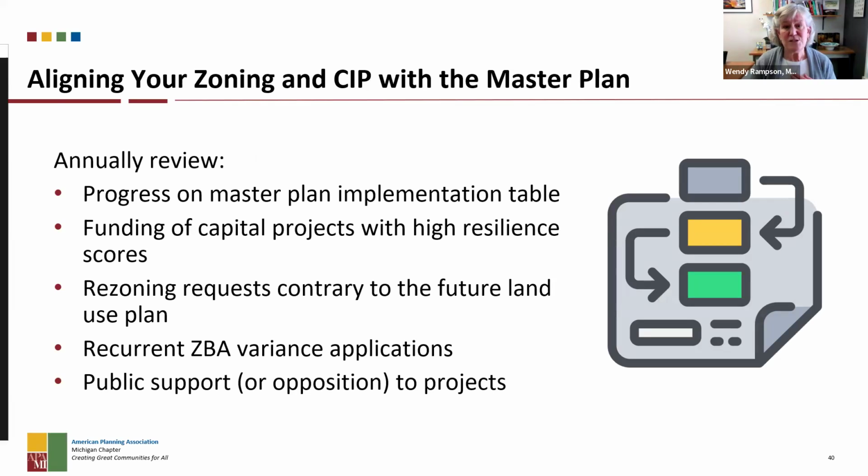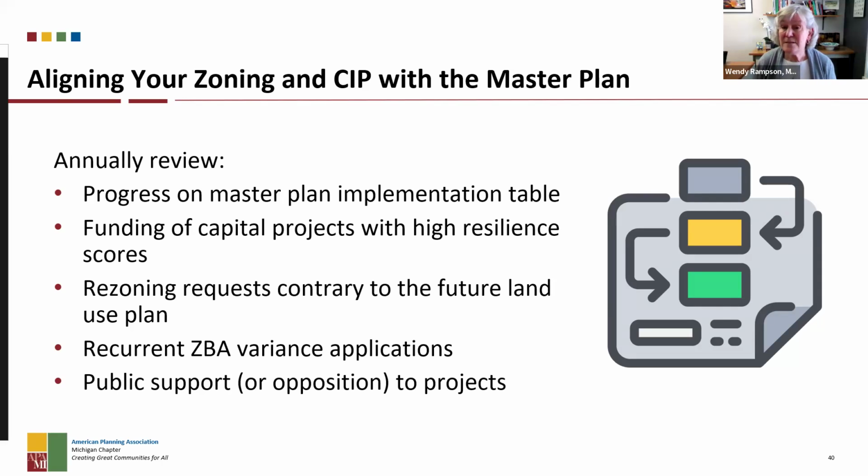As a final observation, the alignment between your zoning, CIP, and the master plan provides a backbone for your resilience efforts. If your zoning ordinance and zoning outcomes and infrastructure investments don't provide a line of sight to your master plan, and vice versa, this can erode the credibility both of your implementation efforts and your planning policies.